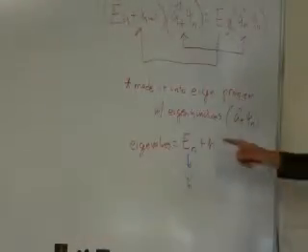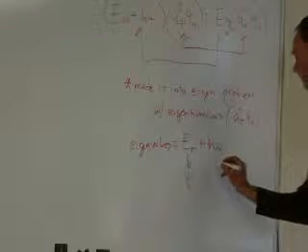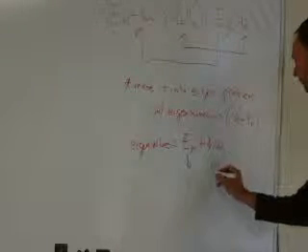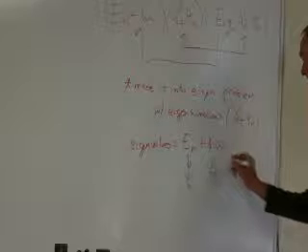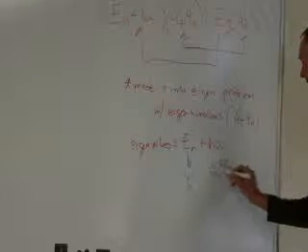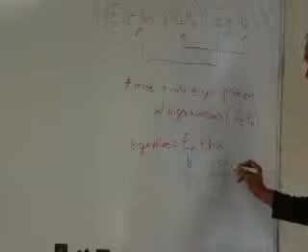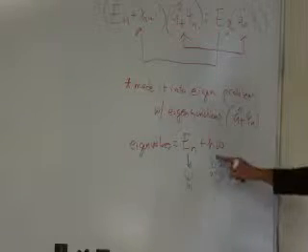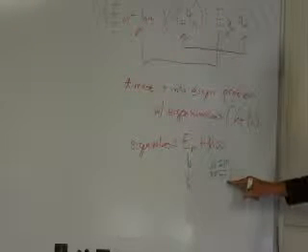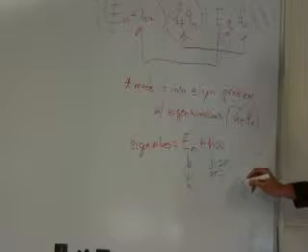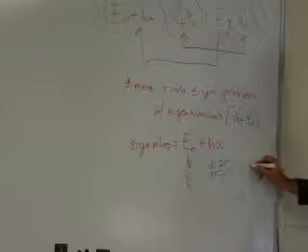Right? And now, what is h bar omega? Well, let's look at h bar omega. H bar omega is h over 2 pi times omega, which is 2 pi over the period. Those cancel, so it's h times 1 over period, which is h times frequency. So this equals h times frequency.